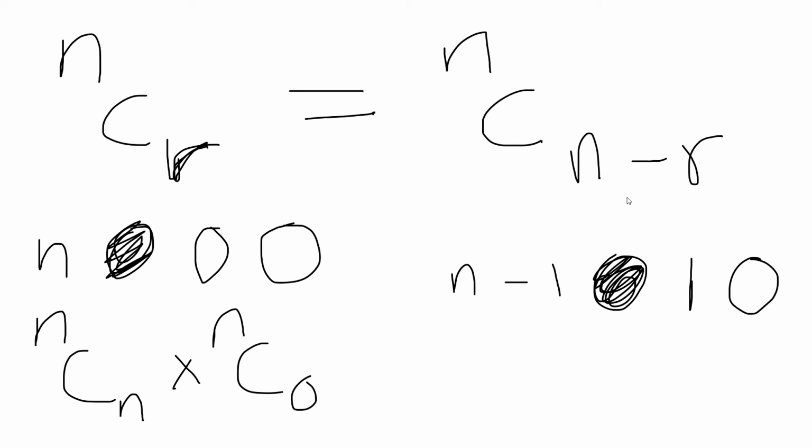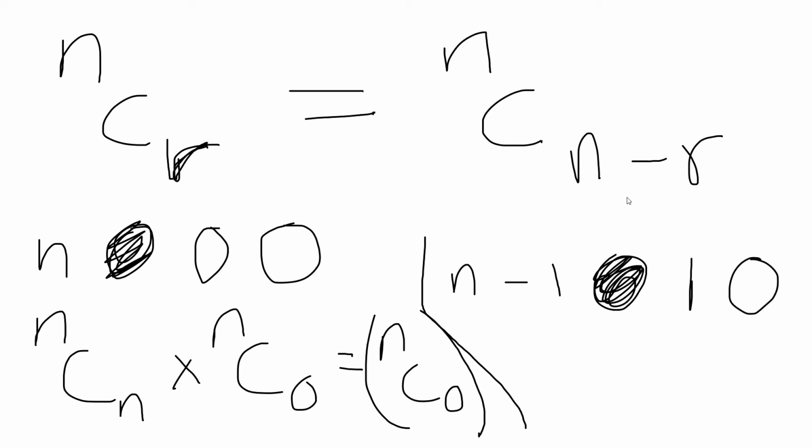Okay. So the second case is we choose n minus 1 black balls and 1 white ball. Now we can do this in nC(n minus 1) into nC1 ways. Right? Can you just repeat? Yeah.